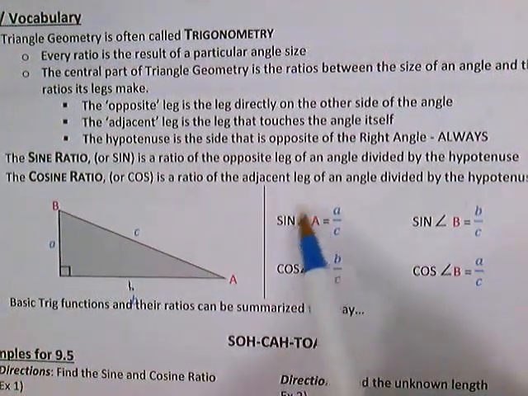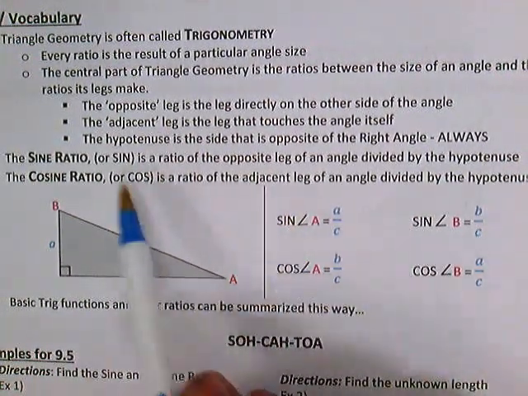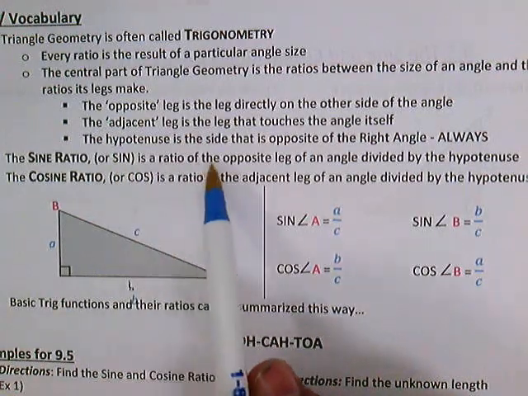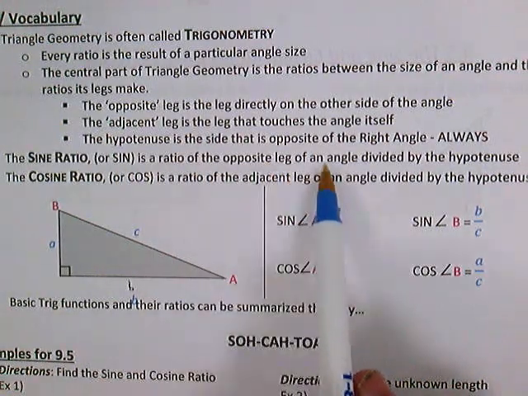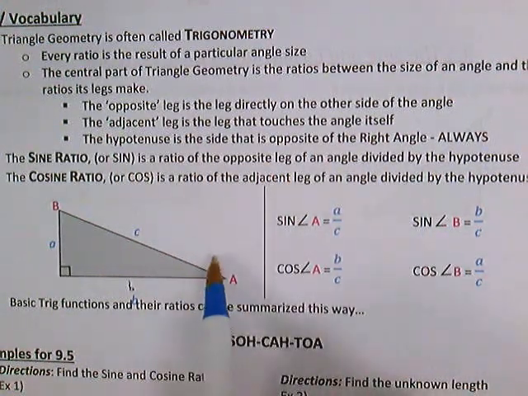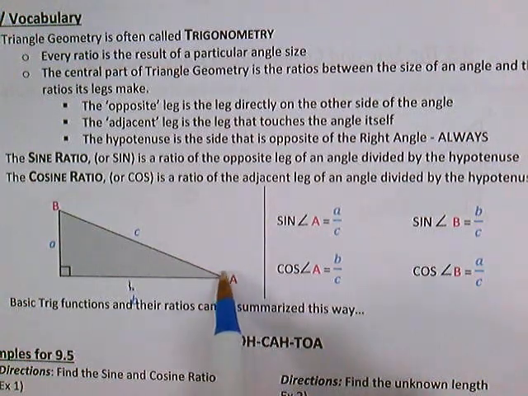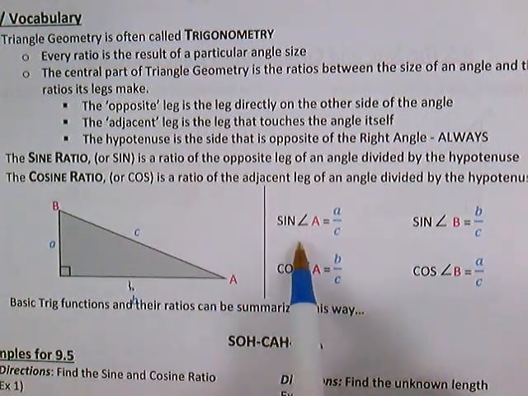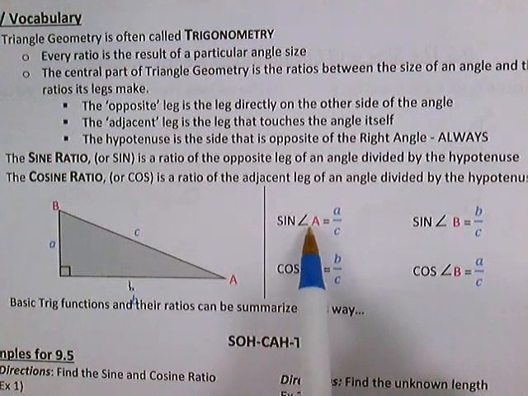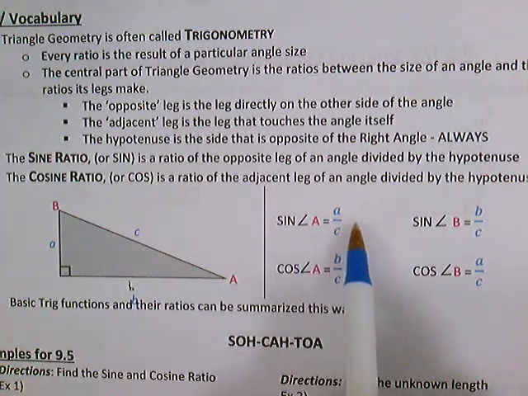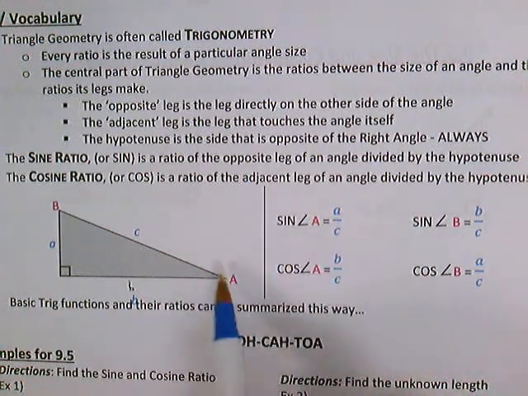Now, with regards to sine, the sine ratio is a ratio of the opposite leg of an angle divided by the hypotenuse. What that means is that there are two angles, A and B, which means we're going to have two different ratios. It kind of depends on which angle you're coming from.